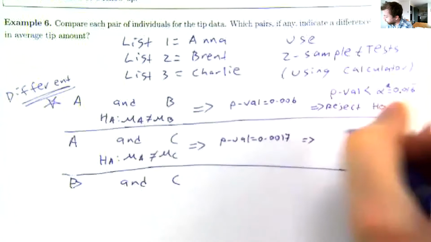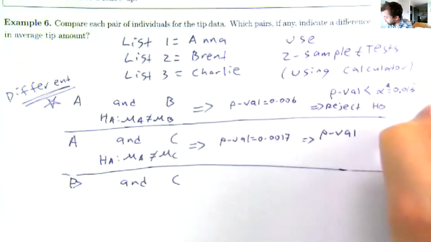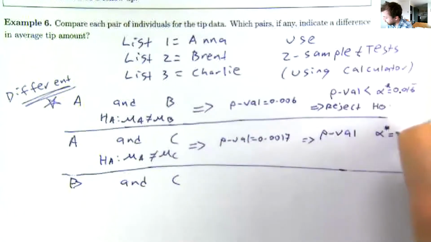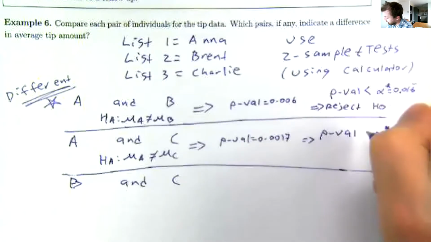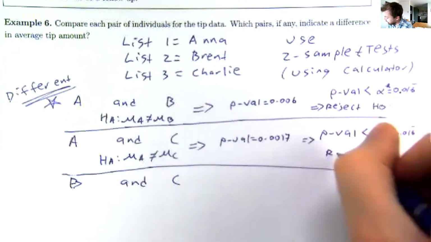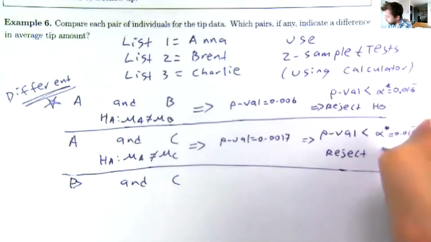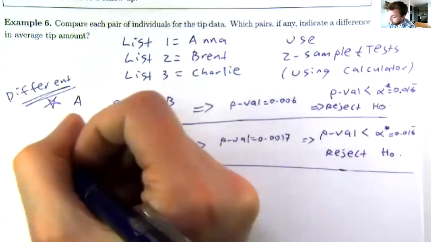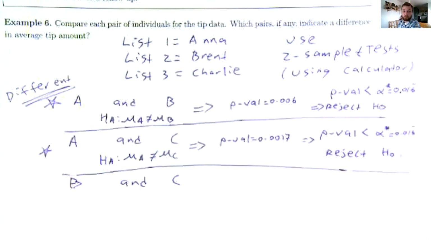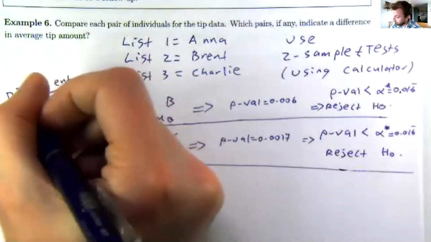This is also small compared to my corrected alpha star of 1.6%. So again, I'm rejecting the null hypothesis. I have evidence of a difference between groups A and C as well.